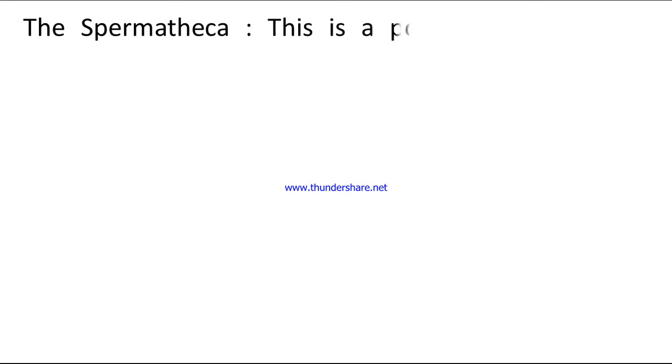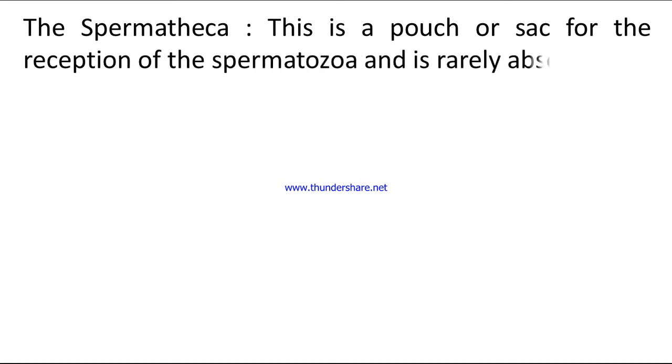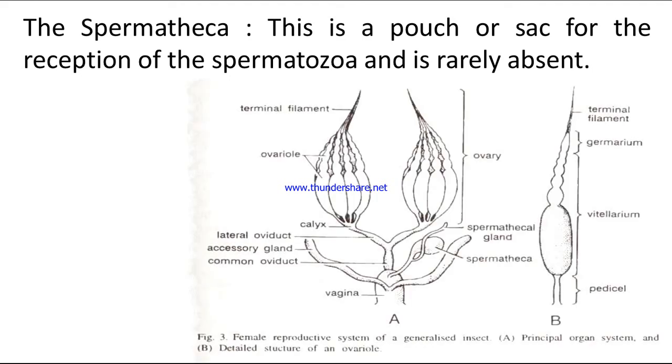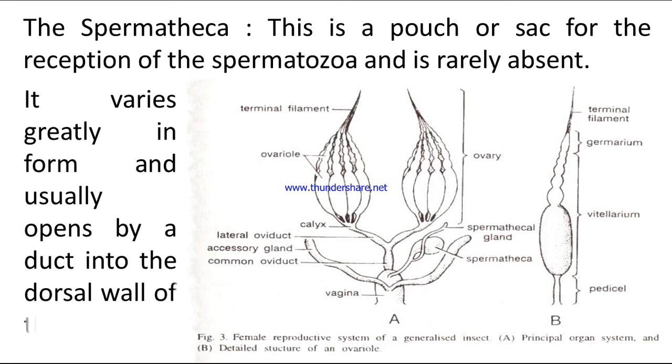The spermatheca. This is a pouch or sac for the reception of the spermatozoa and is rarely absent. Look at the picture. It varies greatly in form and usually opens by a duct into the dorsal wall of the vagina.